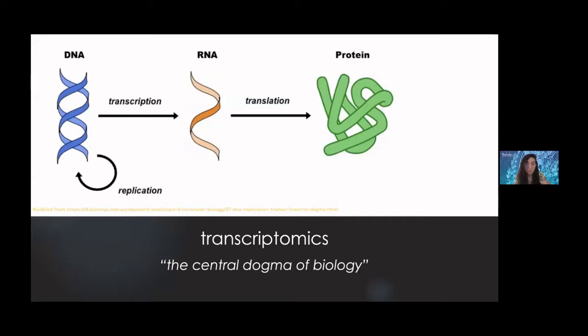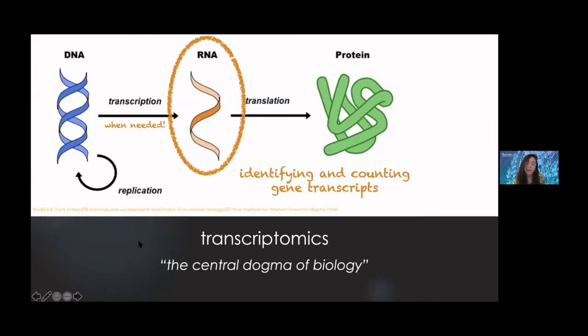So Brent gave an introduction to these, so I can breeze through this, but transcriptomics and metabolomics are what I'm talking about today. And transcriptomics is a part of what's known as the central dogma of biology. The DNA, which Mel talked a lot about, is all of the coding equipment for the whole plant, while RNA is transcribed when needed.